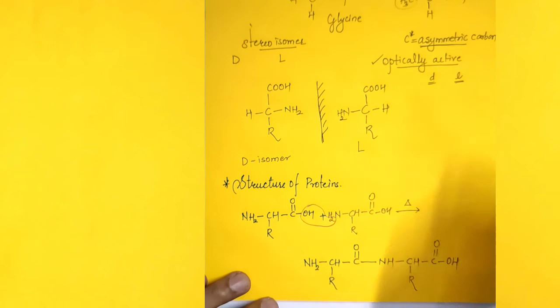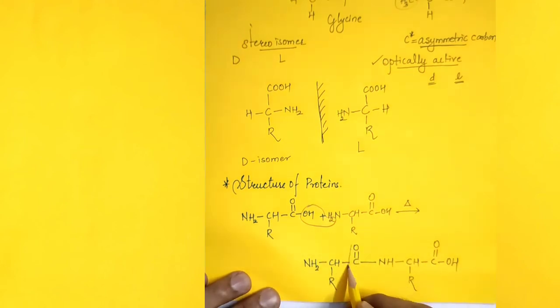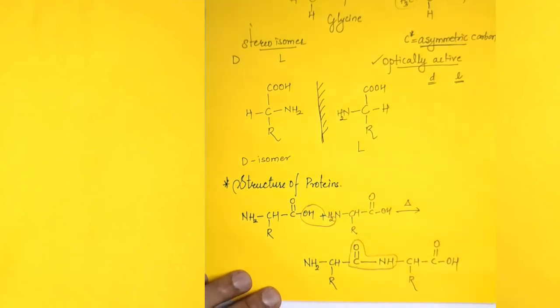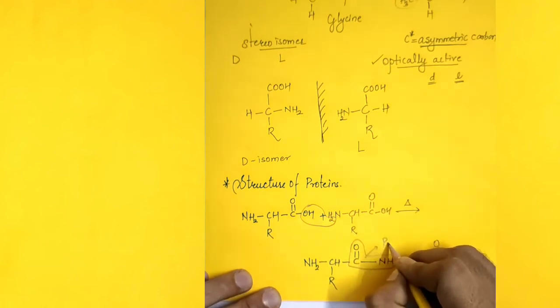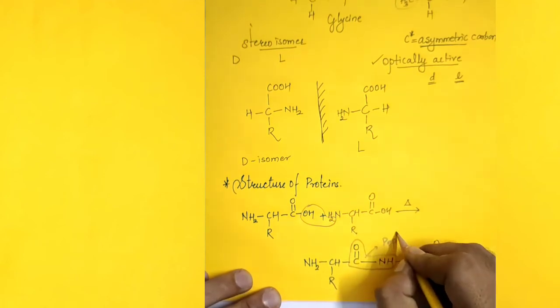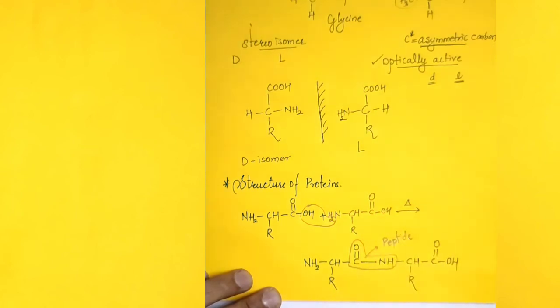Now this bond, this C double bond O NH, is said to be an amide functional group. This amide functional group is said to be a peptide bond, or it is also said as peptide linkage.